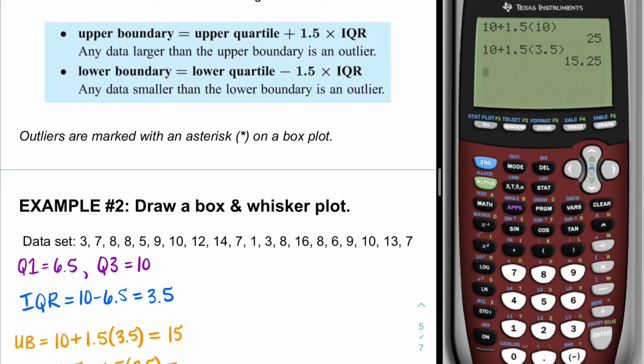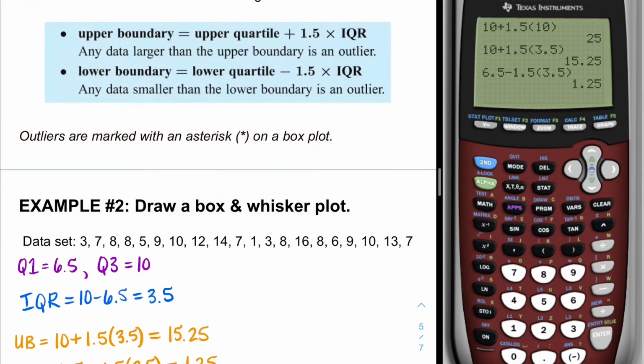So anything that's greater than 15.25 is above your upper bound. Then 6.5 minus 1.5 times 3.5. Anything that is smaller than 1.25 is an outlier. So anything that's bigger than 15.25 and anything that is smaller than 1.25 are your outliers.